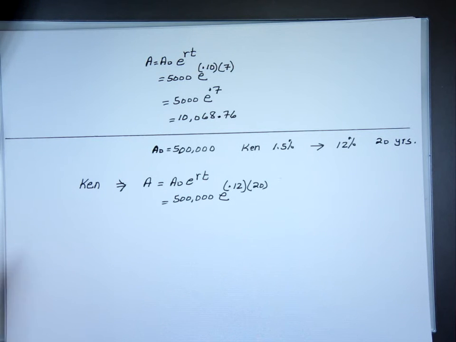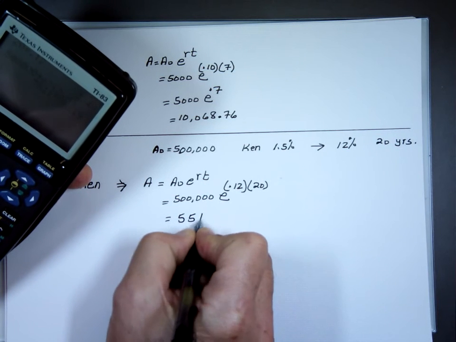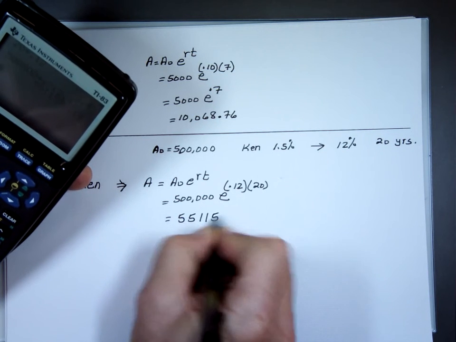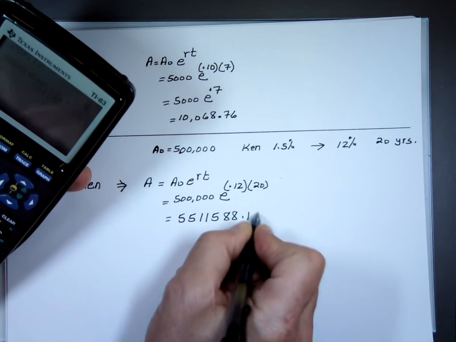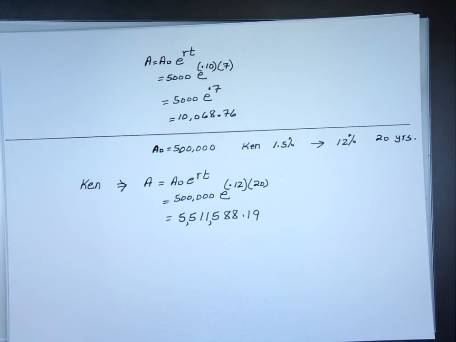So let's see, what's 500,000 times e to the power of 2.4? Good job, Ken. $5,511,588.19. You excited?